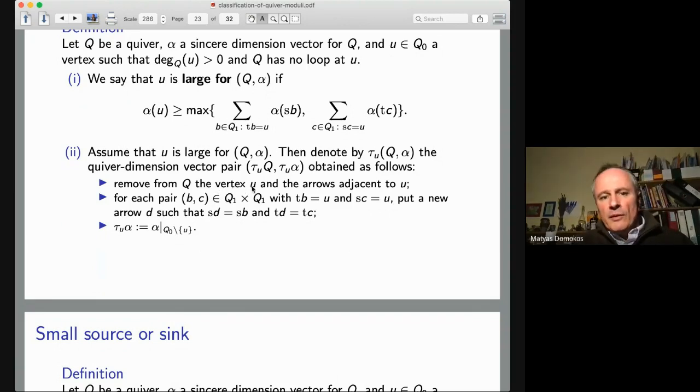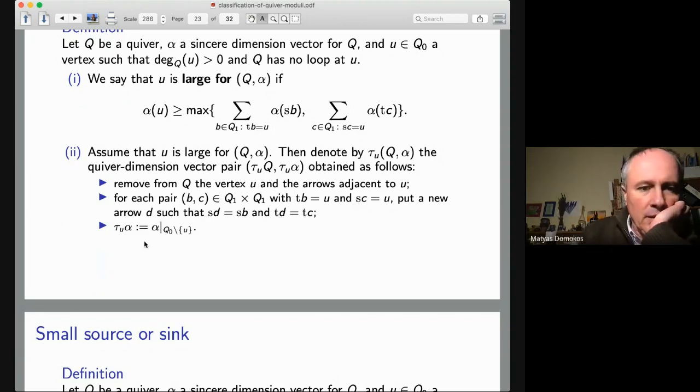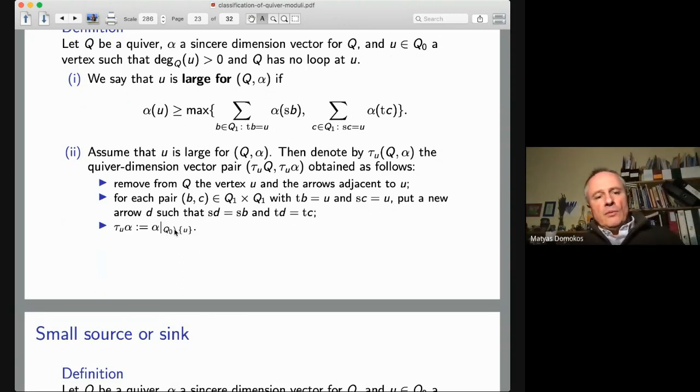We remove the vertex U and all the arrows adjacent to U, and for each pair of arrows B, C, where B goes into U and C starts at U, you replace this pair by a new arrow, D, from the source of B to the target of C. And tau sub U of alpha is simply the restriction of alpha to the vertex set of this new quiver.